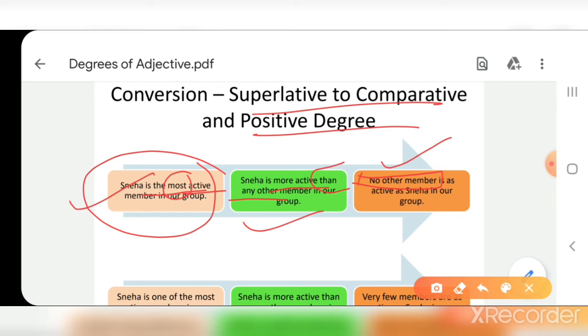Then no other member, here we have to use as, then adjective, and then as. That means we are showing here no other member is as active, equality. That means that person is the best or worst, whatever is the highest level of that adjective.